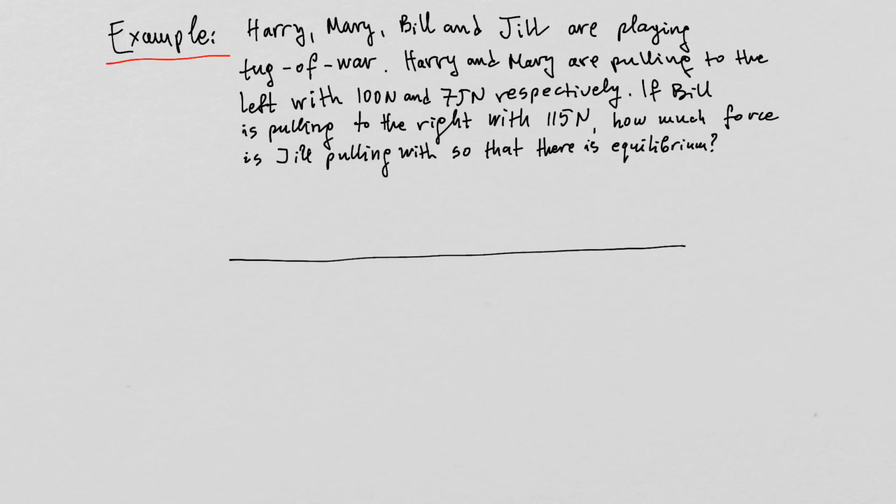So here is our rope. That's the middle of the rope. Now let's draw the forces with which the participants are pulling on the rope. So Harry is pulling with 100 newtons of force. Mary is pulling with 75 newtons of force.